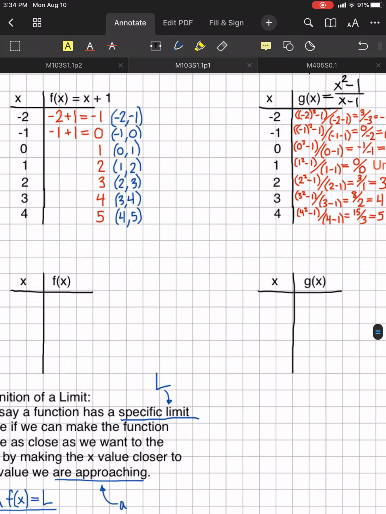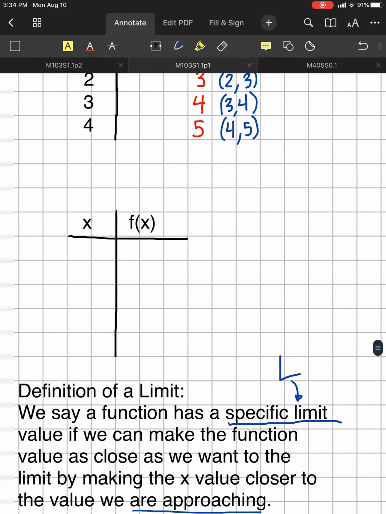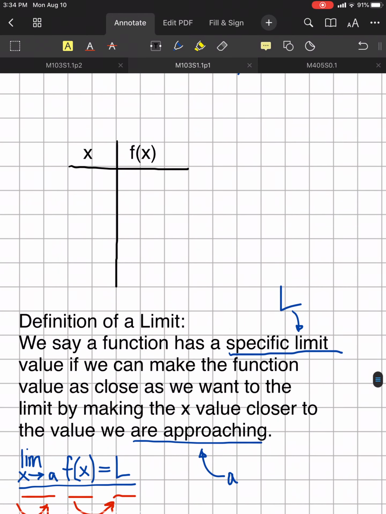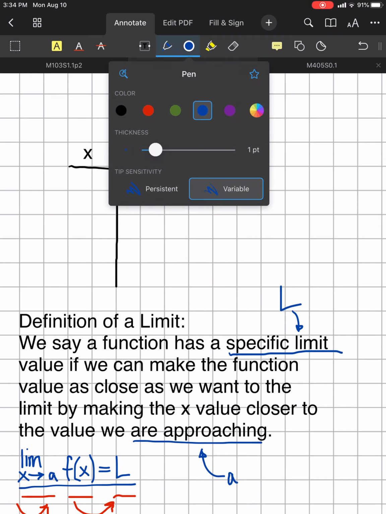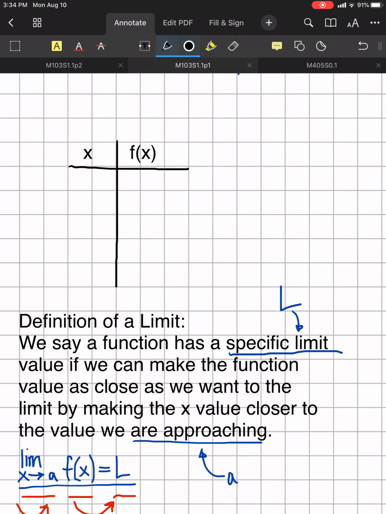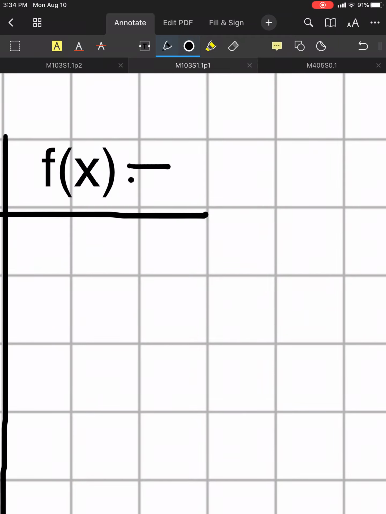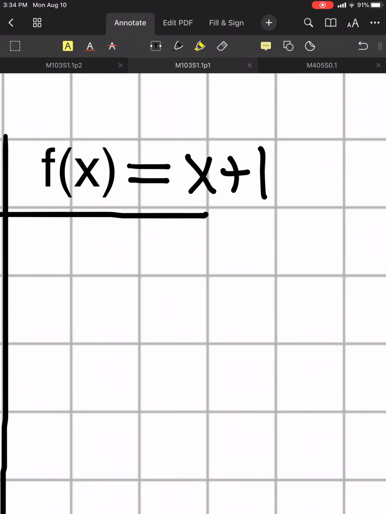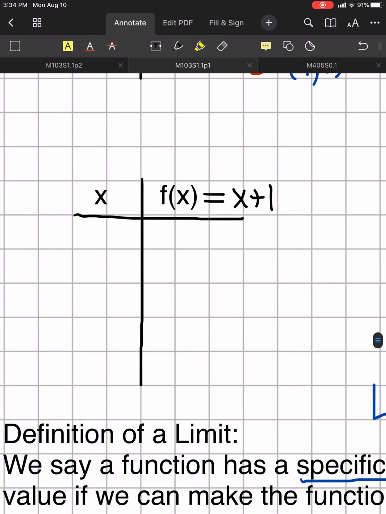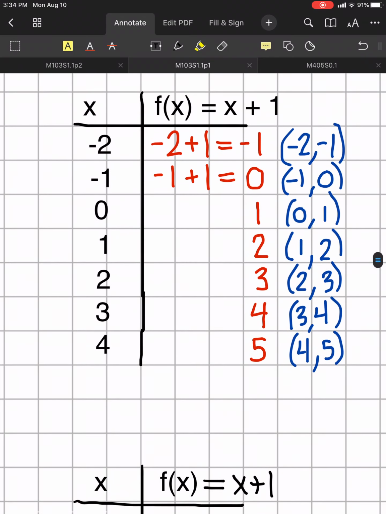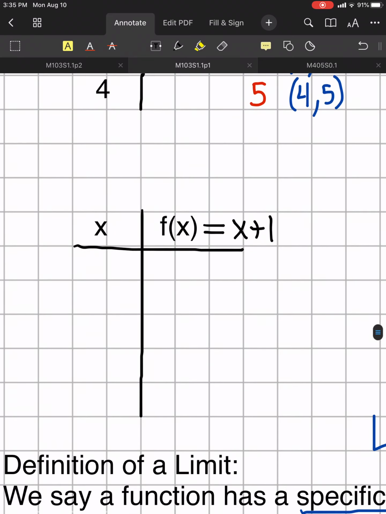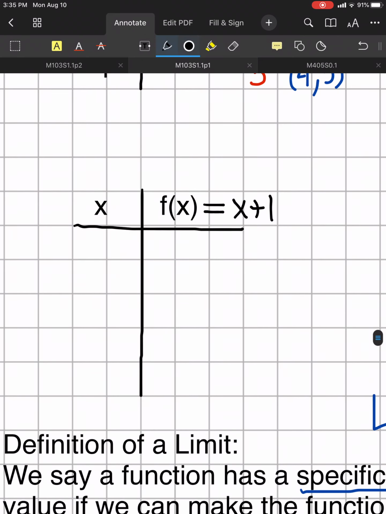So what we might do, and what we usually see about how we do these things, is we will plug in x values again. Let me write the function form out here again. This is x plus 1. We will plug in x values, except now instead of picking just any old values like we did before, we're going to pick ones around the place where we want our limit.